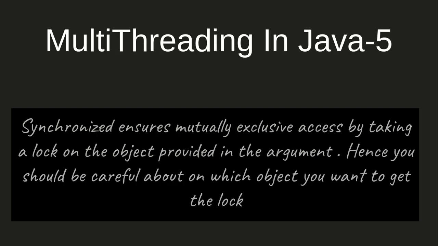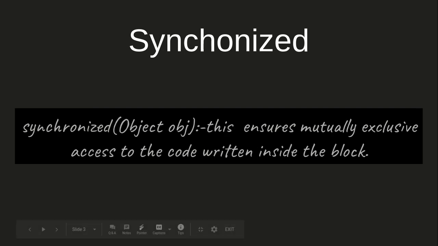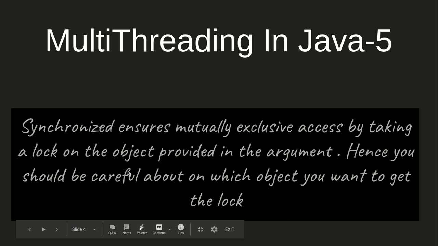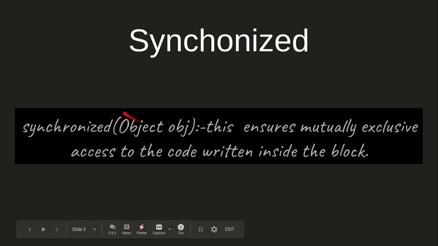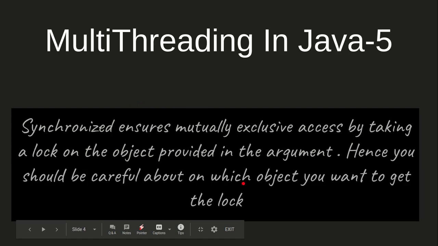Now, how do you do this in Java? Synchronized ensures mutually exclusive access by taking a lock on the object provided in the argument. So as you can see, this is the argument provided to the synchronized keyword. Synchronized will ensure a lock on the monitor of the object provided in the argument, and hence you should be careful about which object you get the lock on.